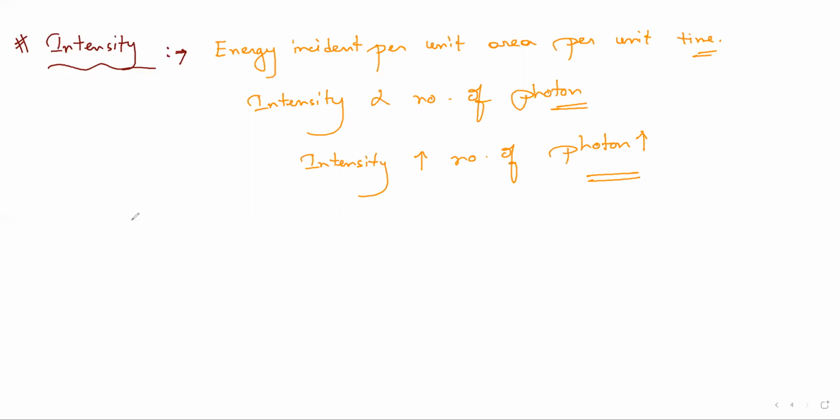Suppose in this case this is a metal electrode. Both lights have the same frequency, but the intensity of this light is high.